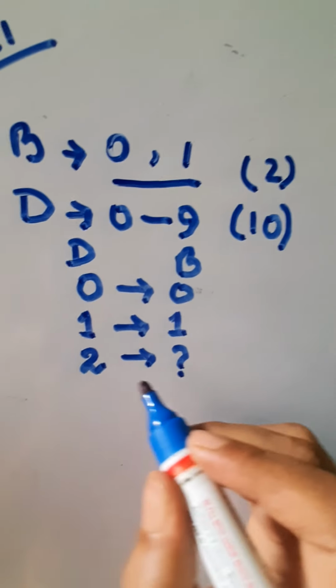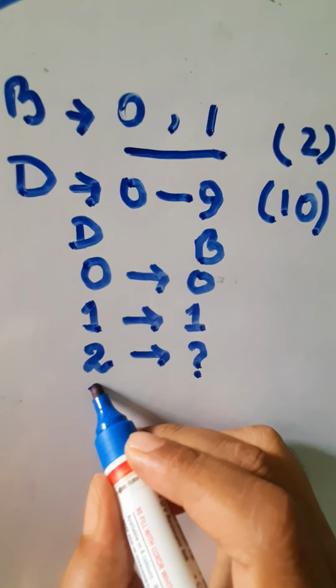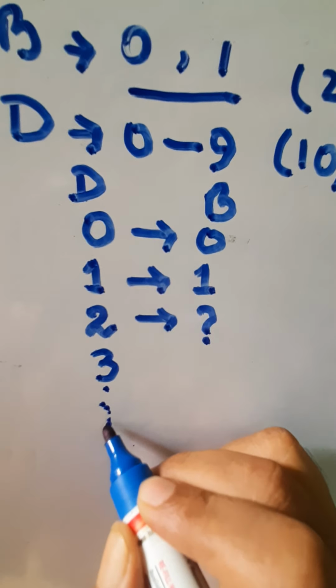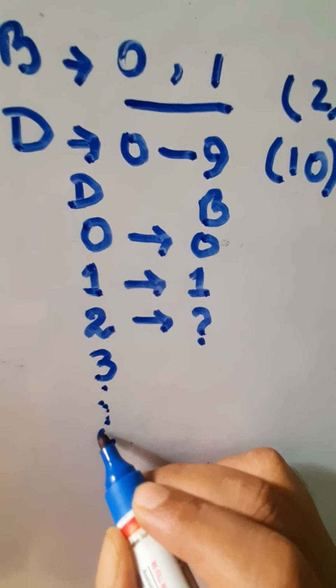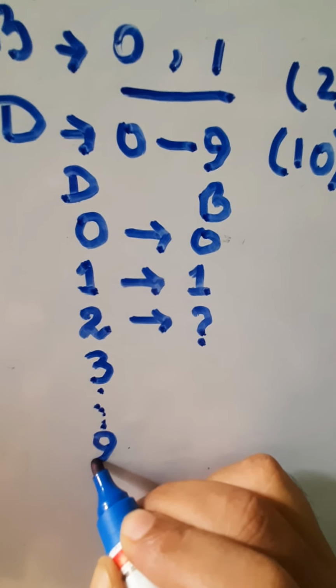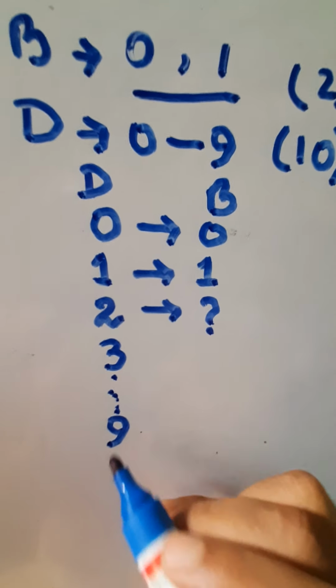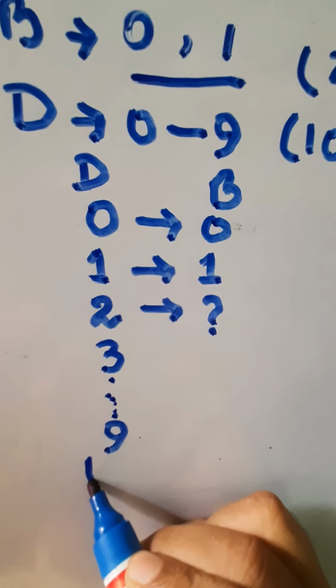Now, in case of decimal numbers, what do we see? After 2 there comes 3 and so on. After completion of all the numbers ending with 9, that is 0 to 9 in decimal, here comes 10. But why does it come?